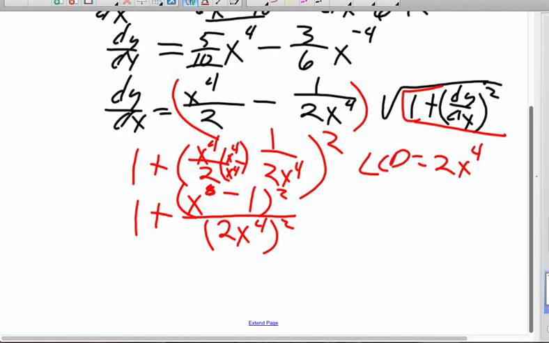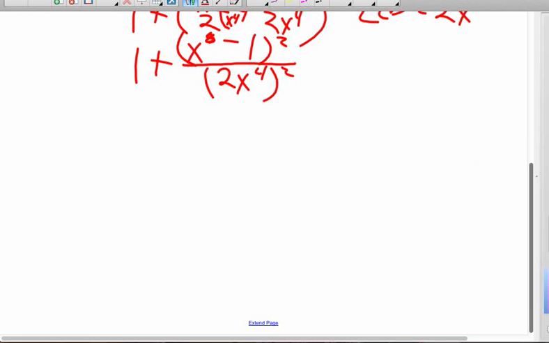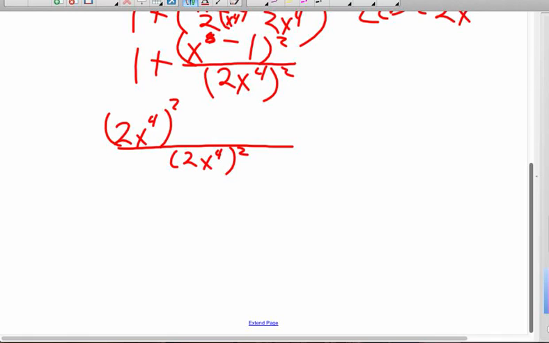Okay. So what I did here, again I know I'm going to need a common denominator. So everything is going to be over 2x to the 4th, squared. So now I've got 2x to the 4th squared, plus, and I'm going to go ahead and expand this thing right here.